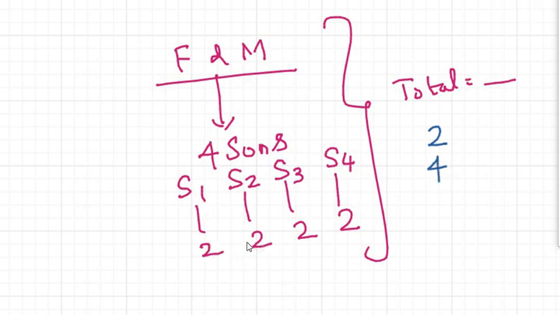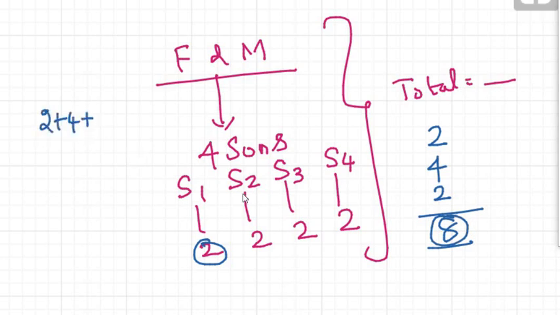When each son has 2 sisters, there are only 2 daughters, because these 2 sisters are common for all. So totally 8 members in the family. Some of them answered 14 also, because 4 into 2, so 8. 14 is incorrect. You yourself understand. Kartika, Krishnan, did you understand the mistake committed by you?